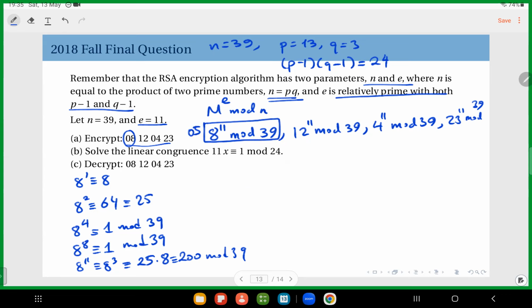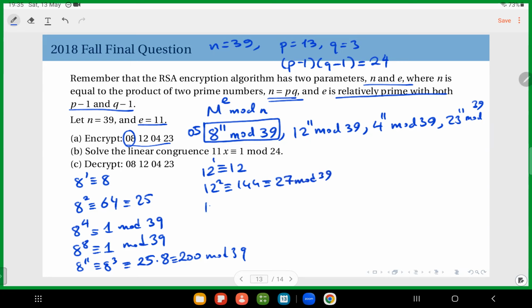Okay, the next one, I need 12 to the power 11. Again, to find that, I can just write 12 to the power 1 is 12, 12 to the power 2 is 144, which is congruent to 27 modulo 39.